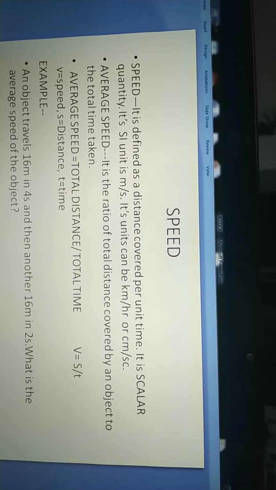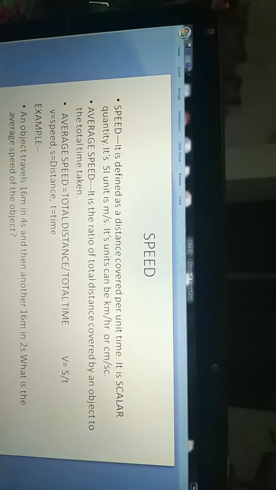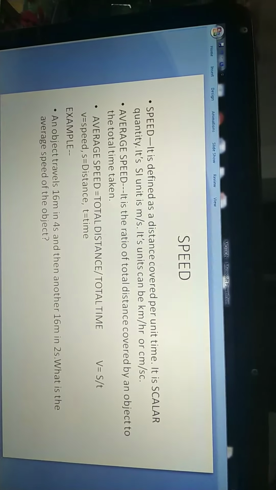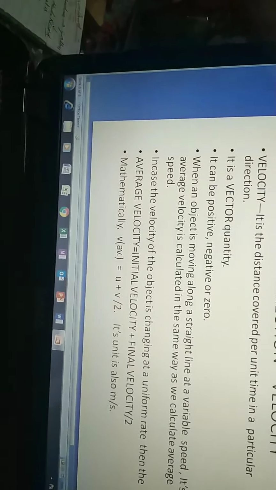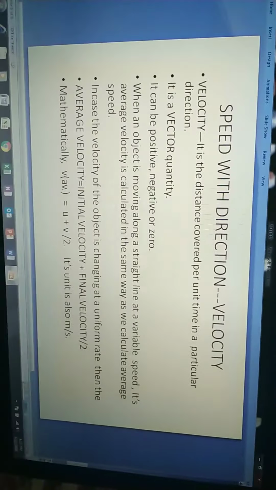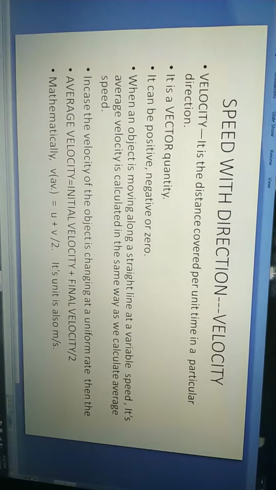Now, children, next we will study about velocity. Children, velocity is defined as the speed with direction.